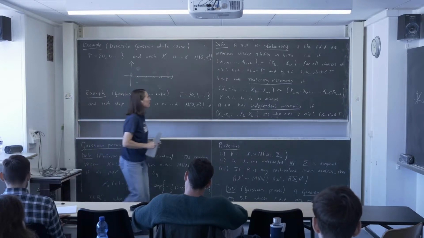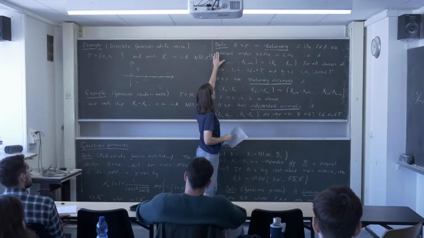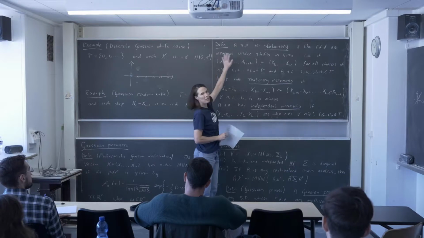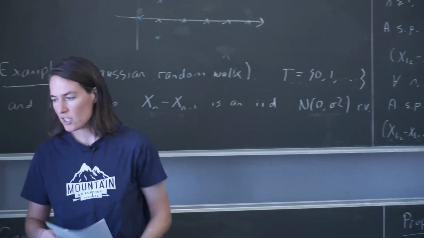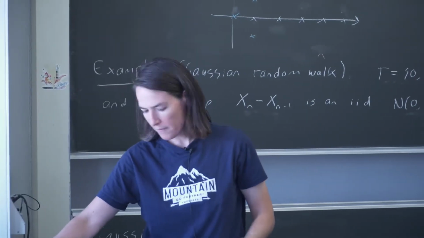Okay, so the main thing I wanted people to be clear on is that random walks are not stationary processes, but they have stationary increments. That's something you need to be a little bit aware of.